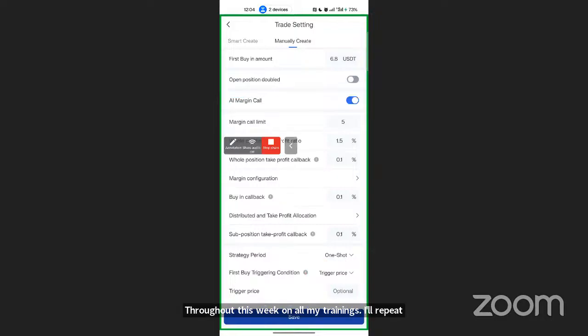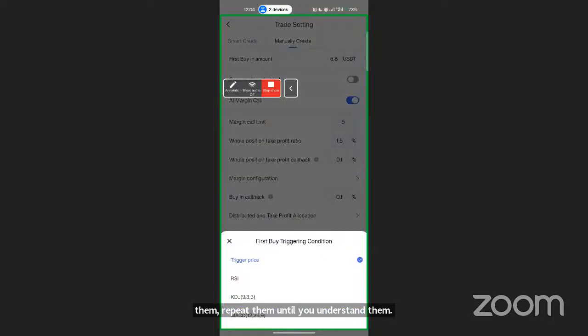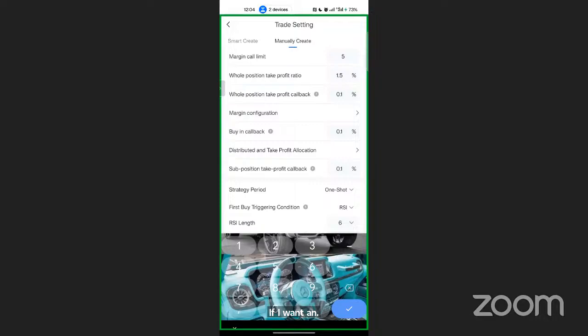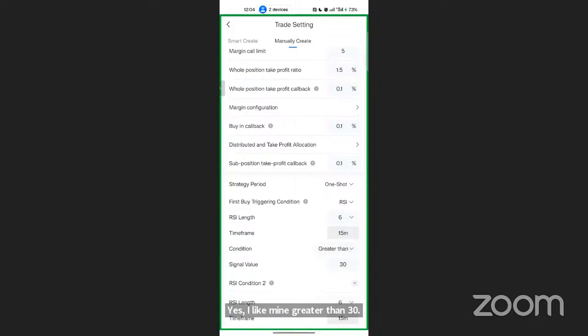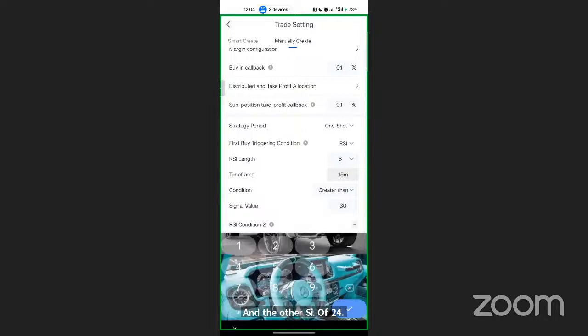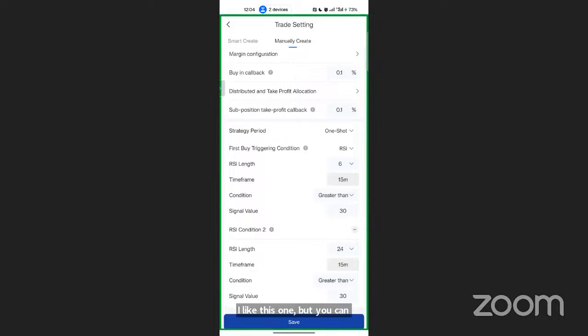So if I want RSI, I like mine of greater than 30, on RSI of 6 and RSI of 24. I like this one, but you can try any. Then I save.